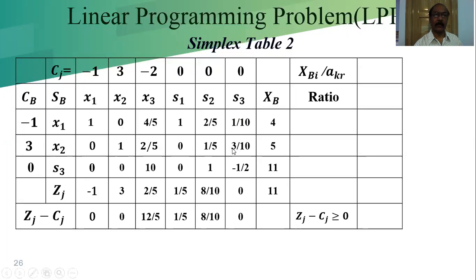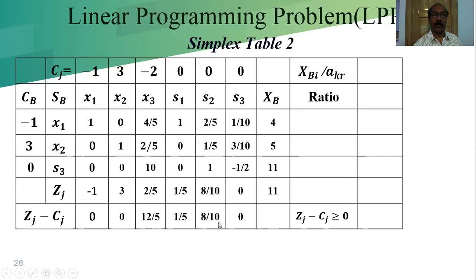Something is wrong here. S3 is in the basis, so S3 will be 1 and this will be 0 in this case. That I have to check. Now from this, if we calculate, we will get Zj is minus 1 and minus of minus 1 is 0. We will get all Zj minus Cj greater than or equal to 0, none is negative.